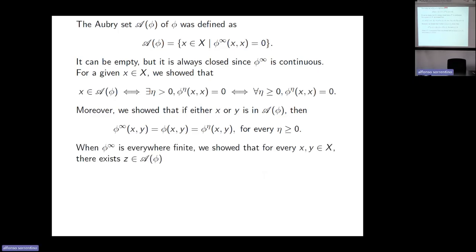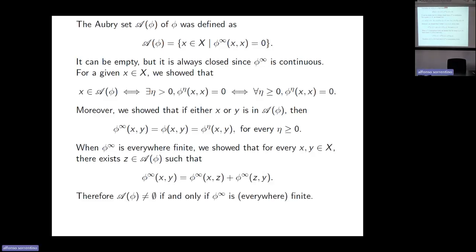And when phi infinity is everywhere finite, we showed that for every x, y, to compute the Peierls barrier between x and y, we have to go somewhere into a point of the Aubry set and then go back from the point of the set to y.